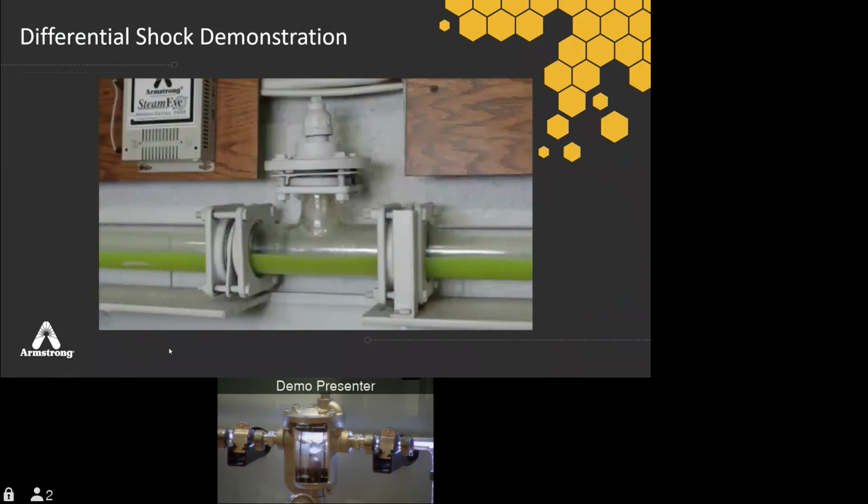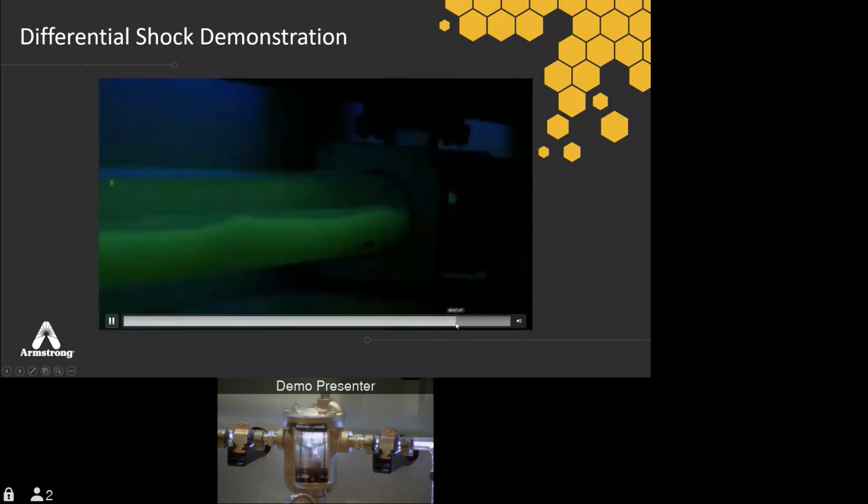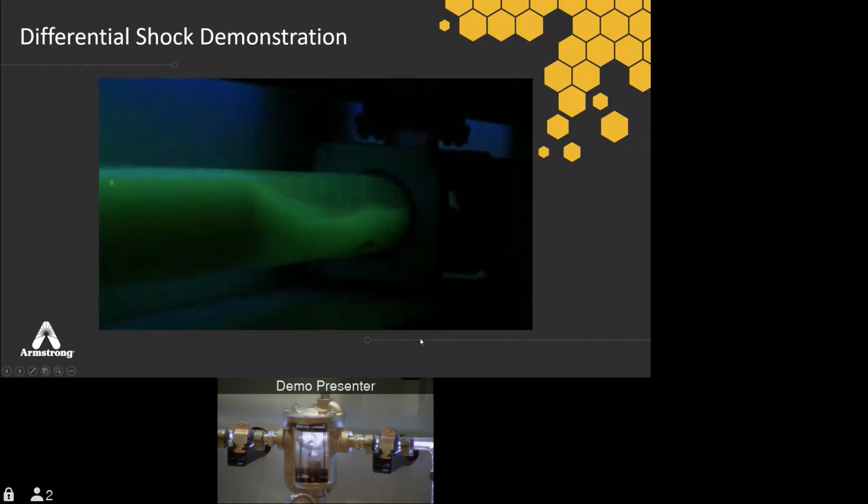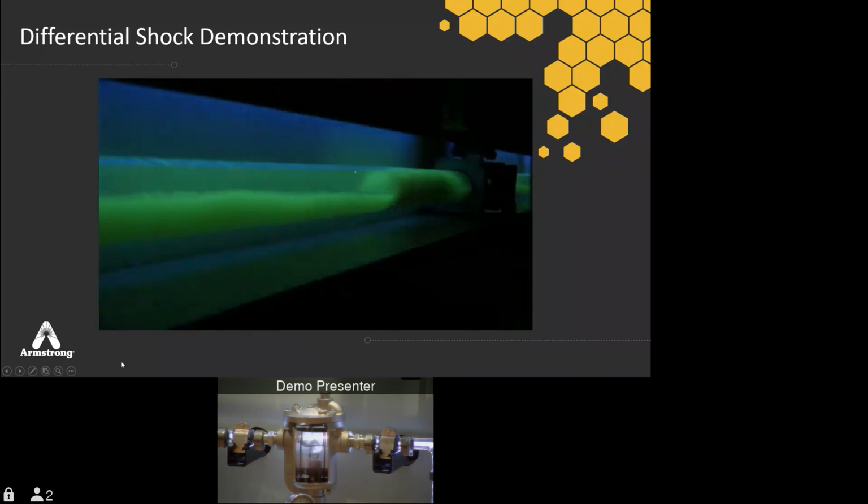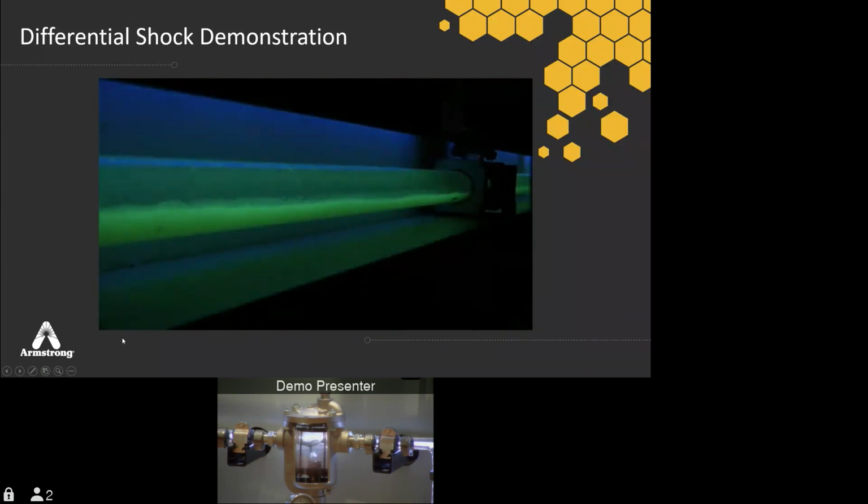Now in a live steam system, remember that that slug will be moving much, much faster, and it can cause a lot of damage. And I'll just fast forward this so you can see it under black light here. Okay, and that wraps up water hammer, and I'll pass it on to John.